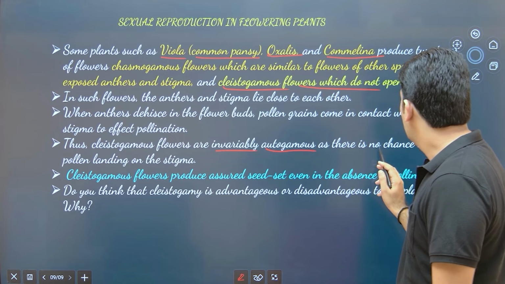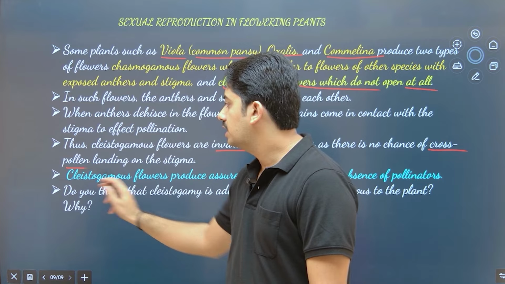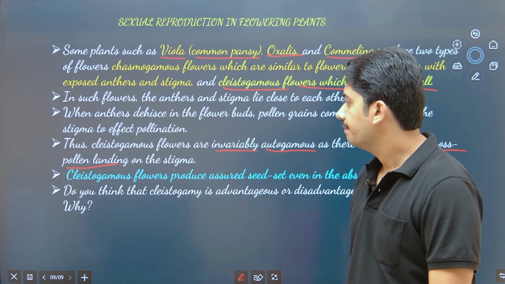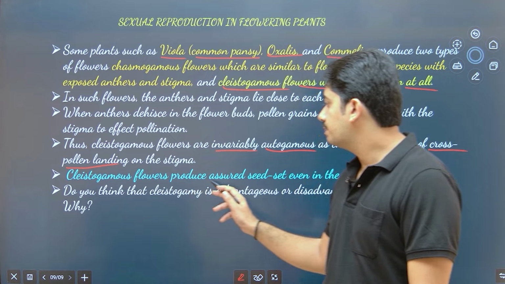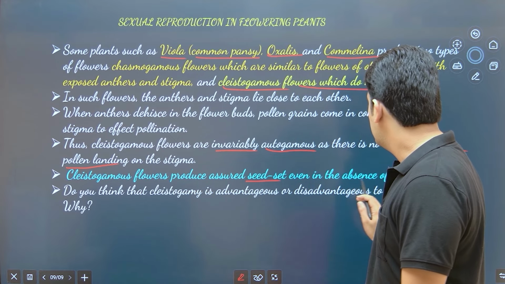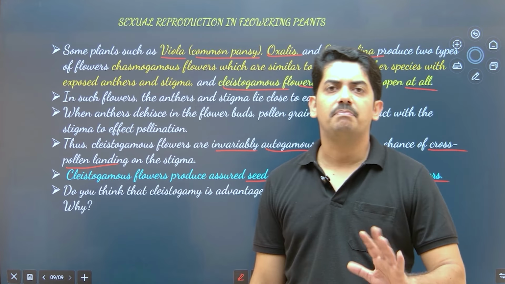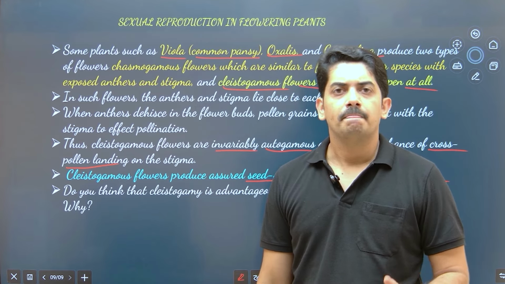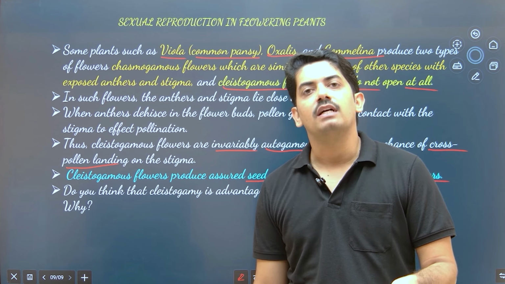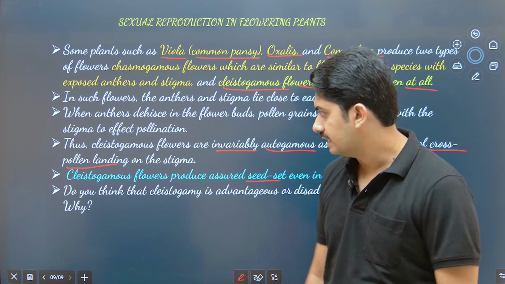That means no chance of cross pollination. Cross pollination is avoided here. Self pollination is encouraged. So cleistogamous flowers produce assured seed set even in the absence of pollinators. These plants are not dependent on the pollinators. They know that the viable pollen grains produced in this plant will 100% make sure that pollination will take place.